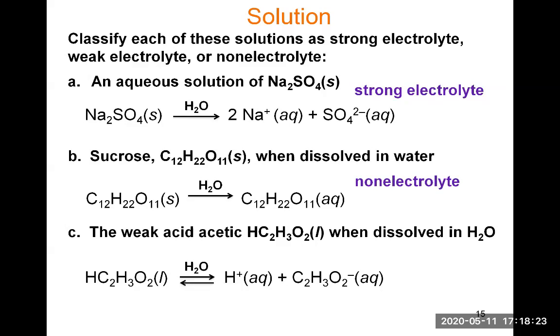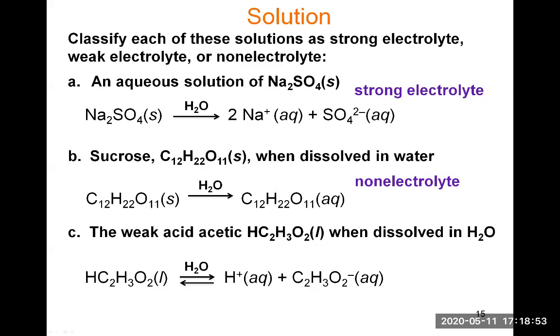Third example, the weak acid acetic acid, HC2H3O2, which is a liquid, and when dissolved in water makes an aqueous solution. From this formula, maybe you can see that if you remove the first H of HC2H3O2, you have C2H3O2, which is the acetate ion.